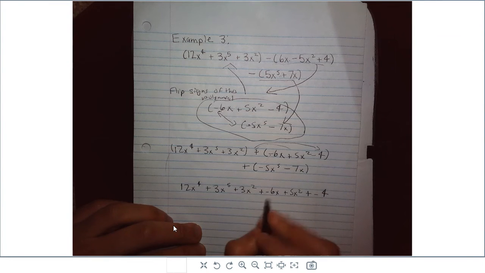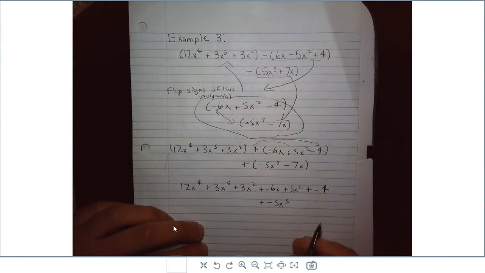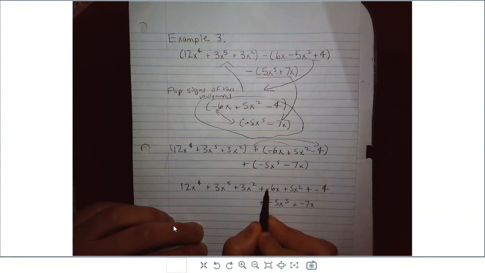And then finally plus negative 5x to the power of 5. I know this is a little messy, I apologize. It's a pretty big question. And then finally plus negative 7x. Remember what I said, plus a negative number is simply subtracting it.